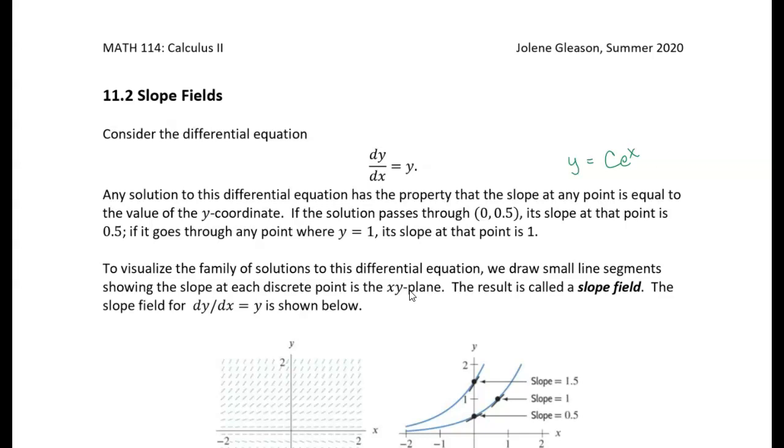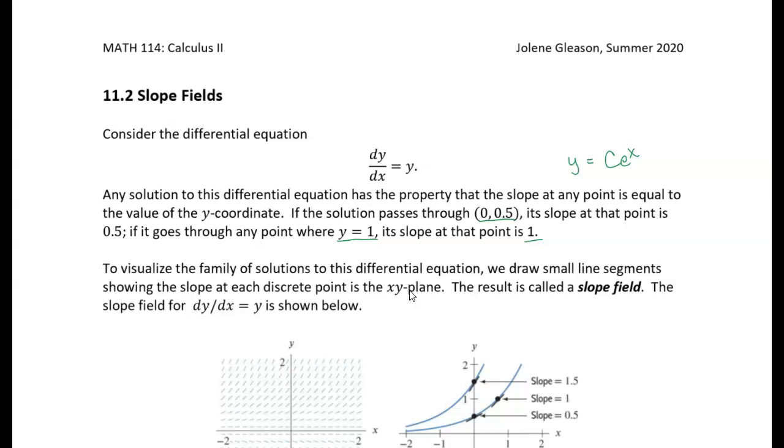So if we have a solution that passes through, say, (0, 0.5), then the slope at that point is 0.5. If the solution goes through any point where y equals 1, then the slope is 1. And so that can help us visualize the solutions to a differential equation.